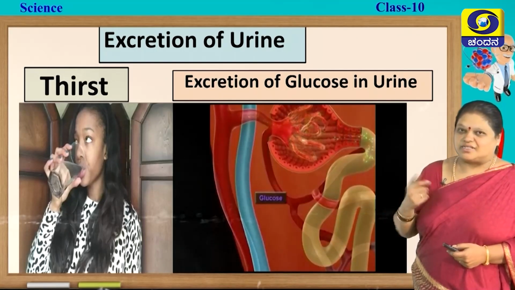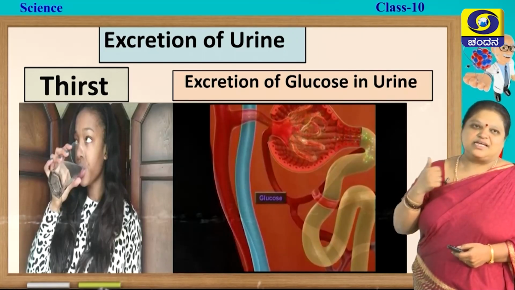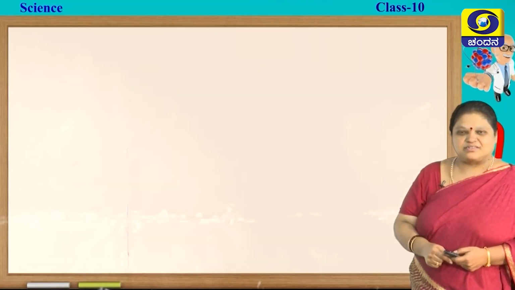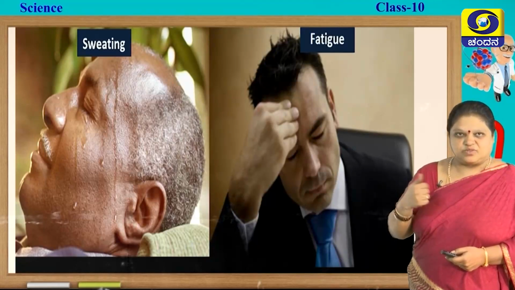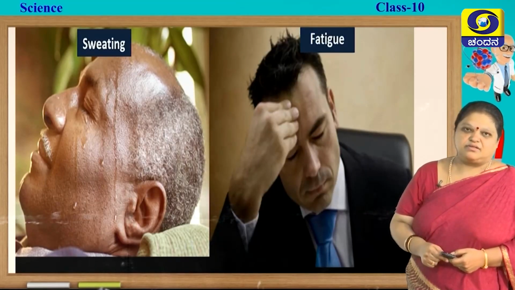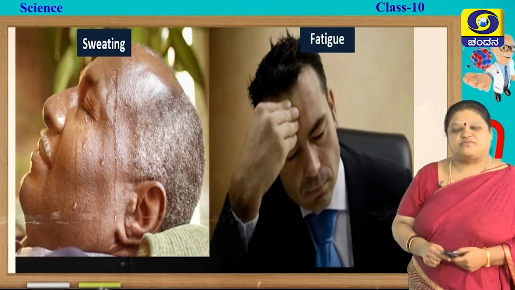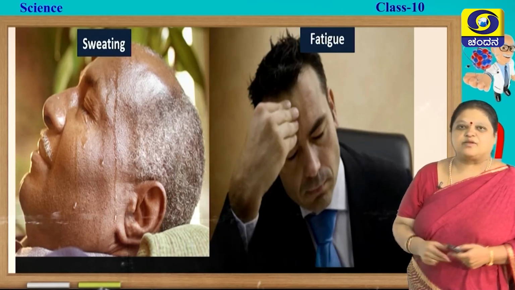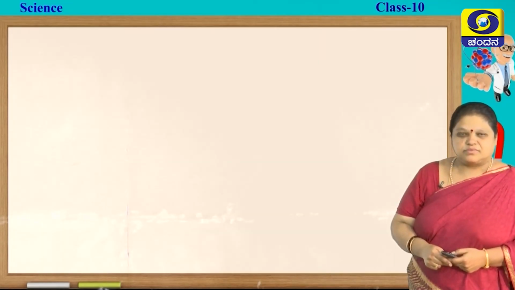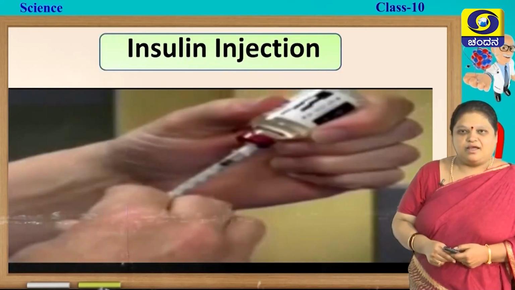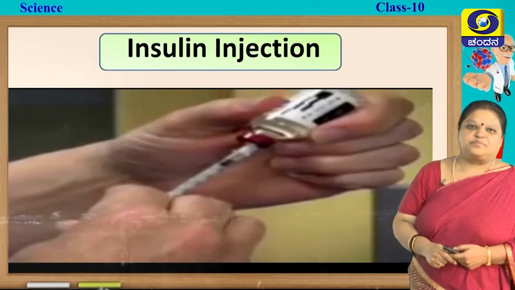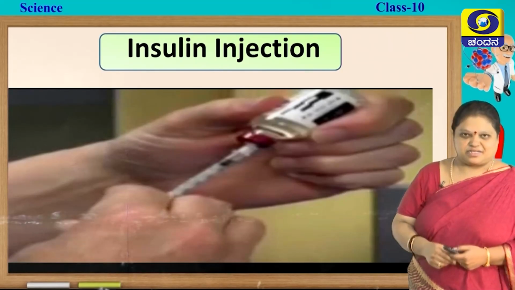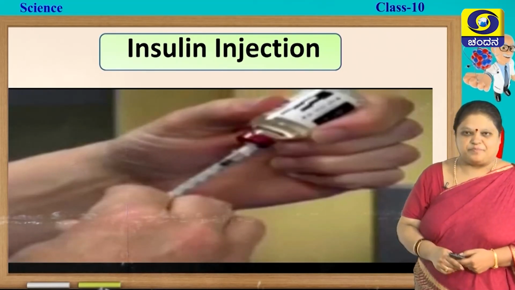The symptoms he faces are frequent thirst, sweating, fatigue. If he is not taken care of, he will face several problems. So, he has to be treated very well, like he is administered insulin injection. Like that you can cure him.